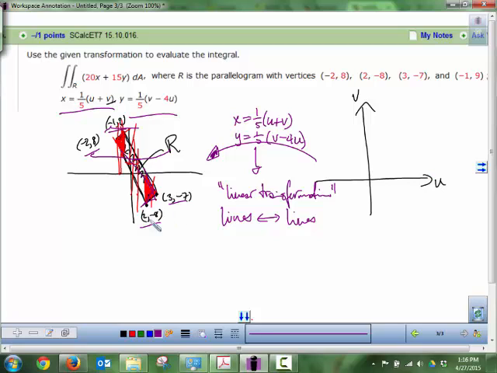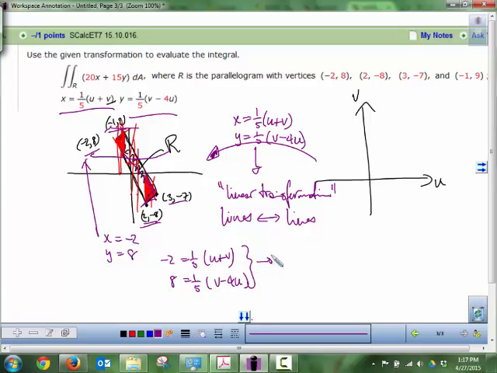How am I going to do that, though? Let's take the first point, -2, 8. So x is equal to -2, and y is equal to positive 8. That's this point. And if you put that into the transformation, you're going to get -2 is equal to 1/5 u plus v, and 8 is equal to 1/5 v minus 4u.